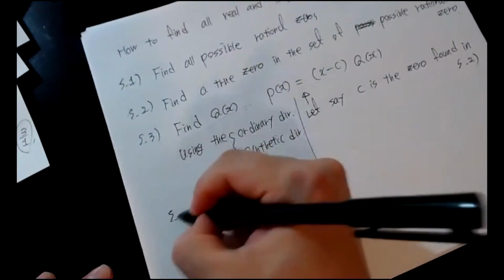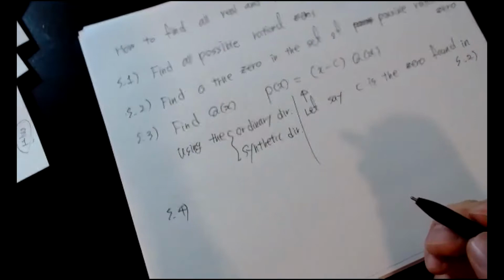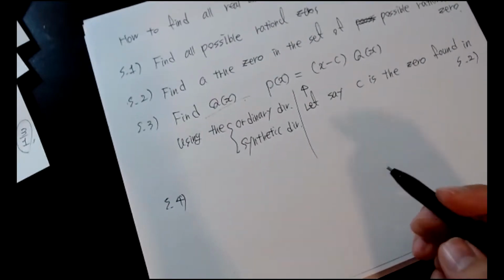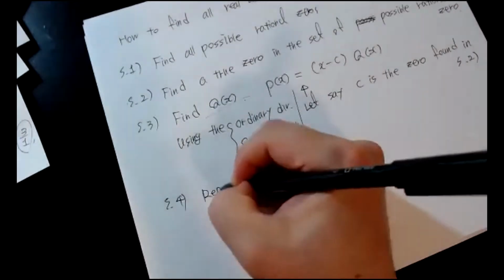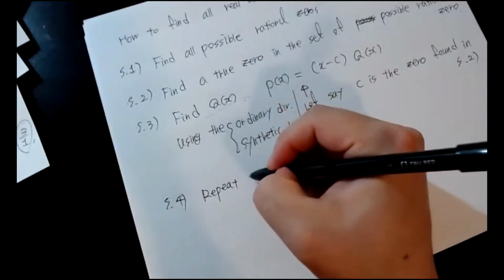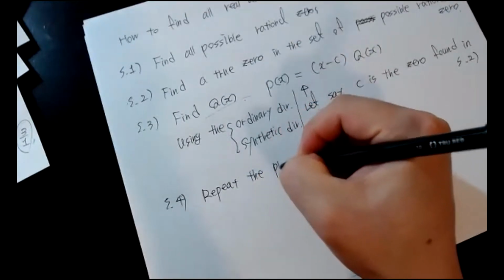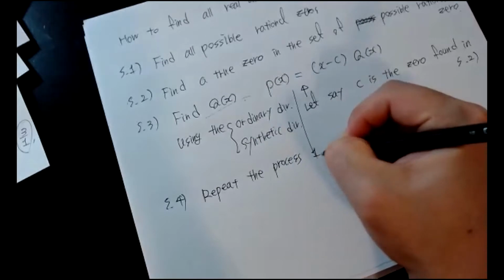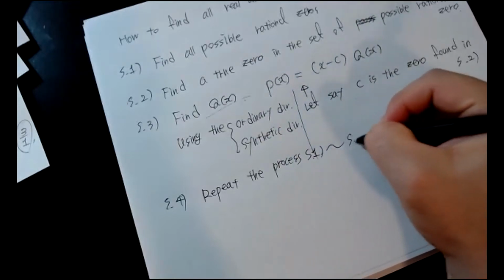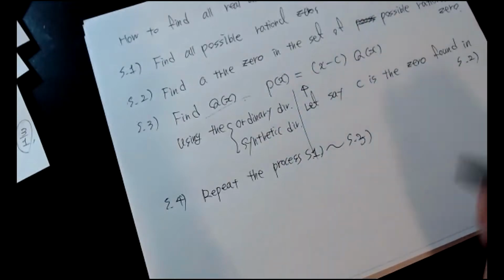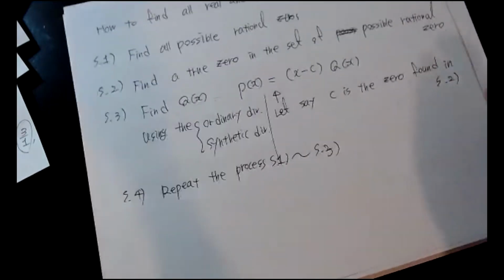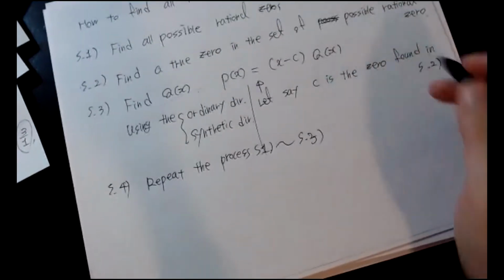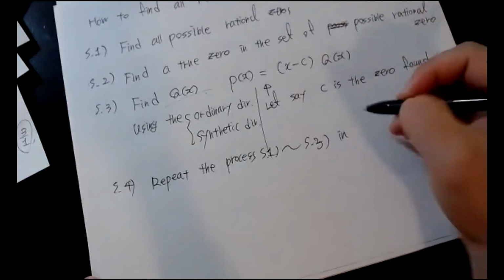Now step 4: repeat the process, steps 1 through 3, for q of x.